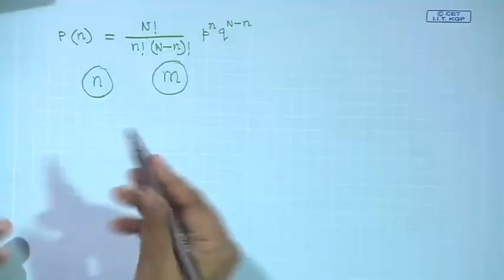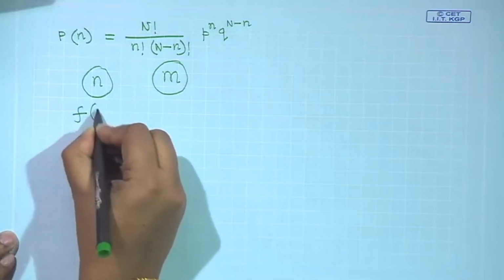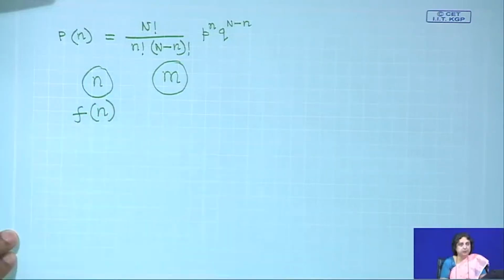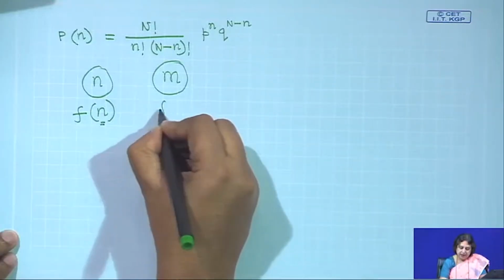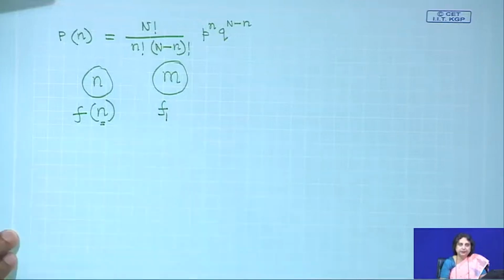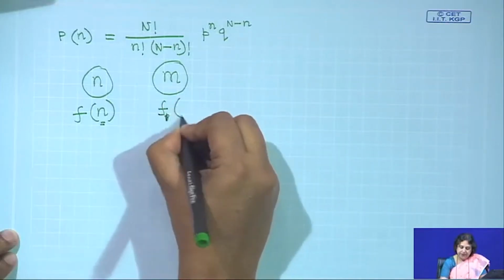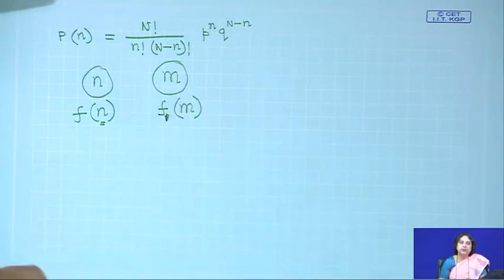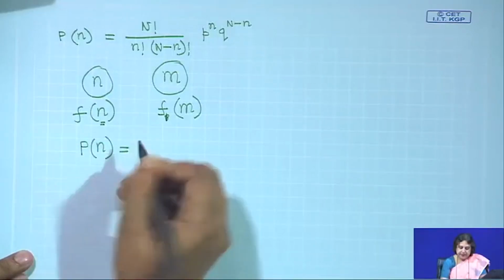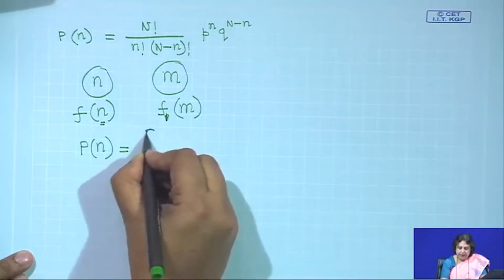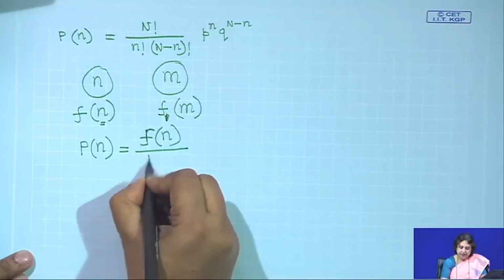Now, what are these values of given number of microscopic states? Let us say that f n is the number of distinct microscopic states associated with n up spins. Correspondingly, I would say that f m is the corresponding number of distinct microscopic states associated with the total magnetic moment value of small m, and therefore, the probability of n is given by f of n divided by gamma total.